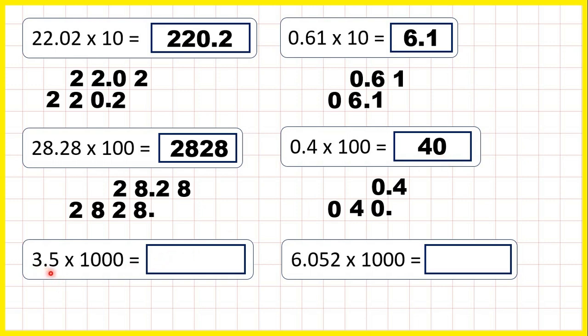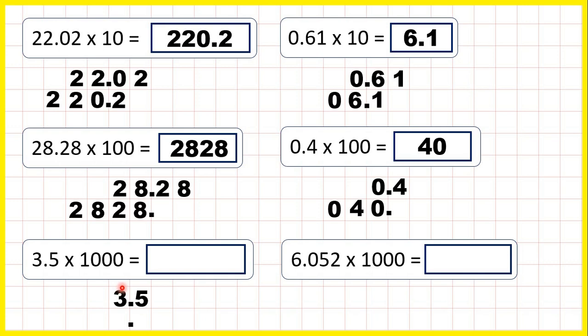Now we have 3.5, so we can write the number out and copy down the decimal point. But this time we're multiplying by 1000. That has 3 zeros, so the digits will move 3 squares, and we're multiplying, so the digits move 3 squares to the left.